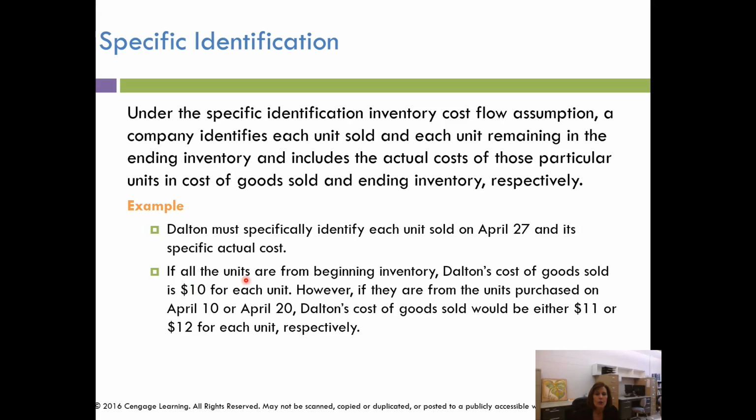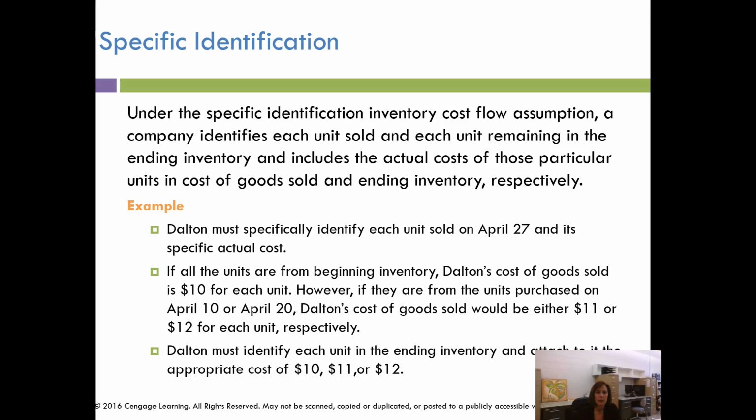And so if all the units are from the beginning inventory, Dalton's cost of goods sold is $10 for each unit. However, if they're purchased from either the one or the other or both purchase batches, they're going to have $11 or $12 in cost depending on where they came from.